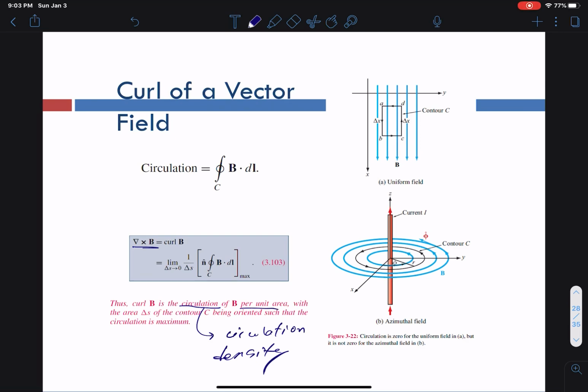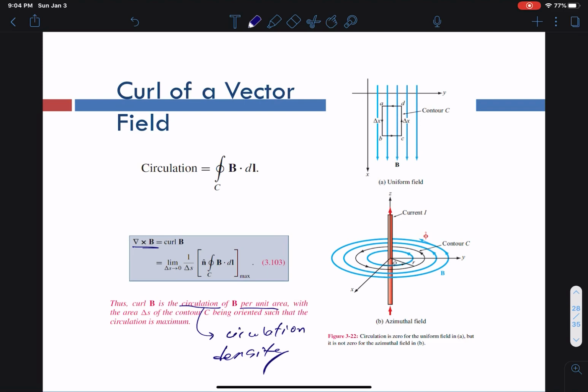If you know the circulation density of a vector per unit area and do the area integration of that, you get the total circulation of the vector in that area. So if you want to find the total, you can do the surface integration and you will find the same thing.